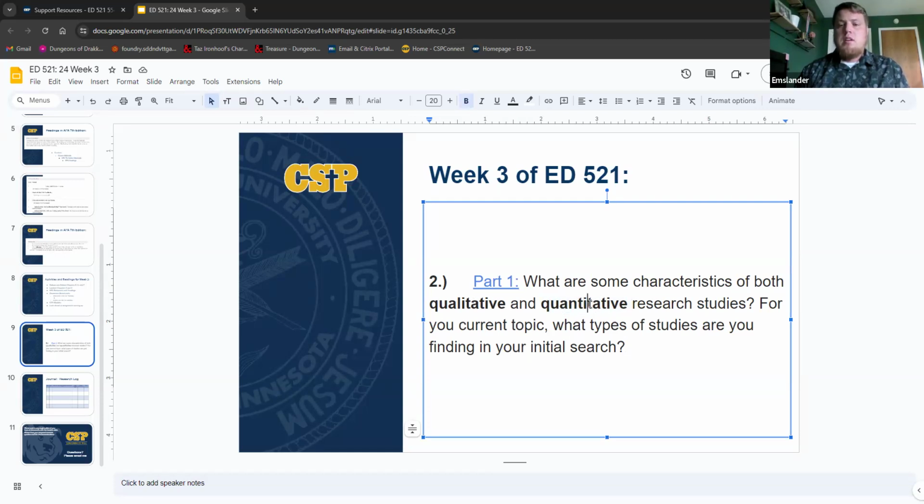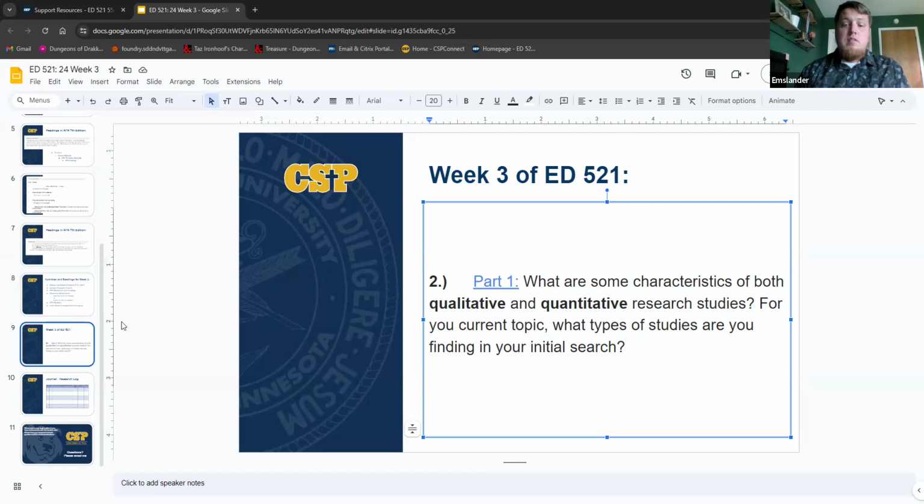So they're going to be how much, what percentage, does this directly correlate with that? Whereas qualitative is going to be more about the how, why, what is happening. They're going to be doing less numbers-based surveys, direct interviews, observations, things that can't be as easily put into numbers, but are as equally important.